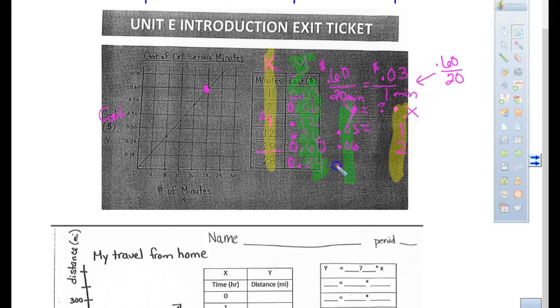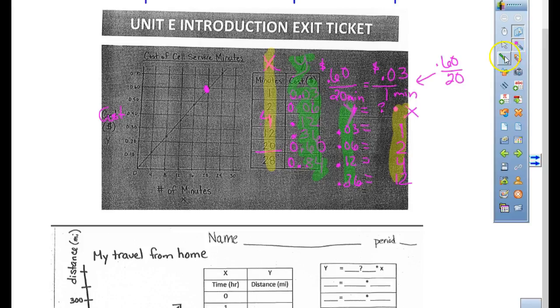The next one I had was 0.12. What was my x value? 4. I think you have room to put at least 4 of them. So we'll put 0.36. 0.36 went with 12, right? What did I have to multiply 1 times and 2 times and 4 times and 12 times to get these numbers? 0.03.